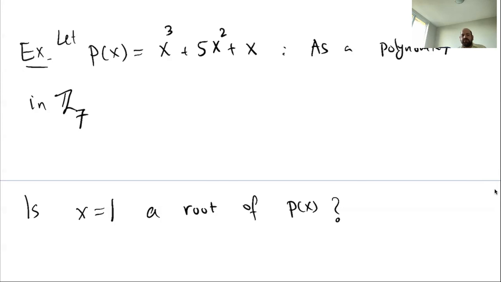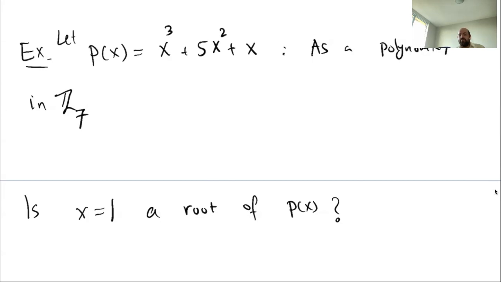I get 1 cubed plus 5 times 1 squared plus 1, that's 1 plus 5 plus 1, which is 7. So P(1) is 7, and you say therefore 1 is not a root, because in order to have a root, P of that number must be 0, but P(1) is 7, not 0. That's what you would say in high school.